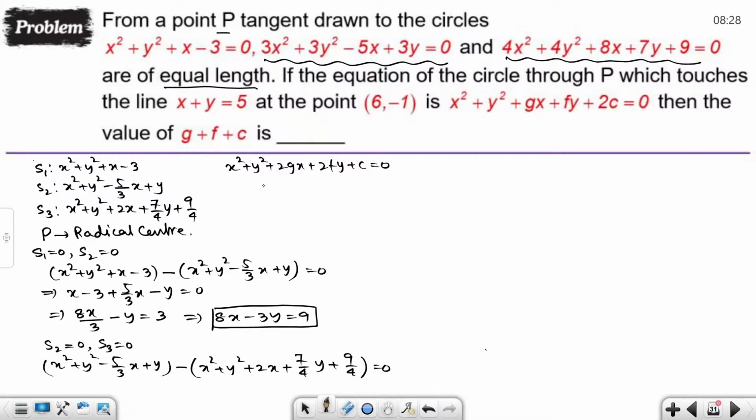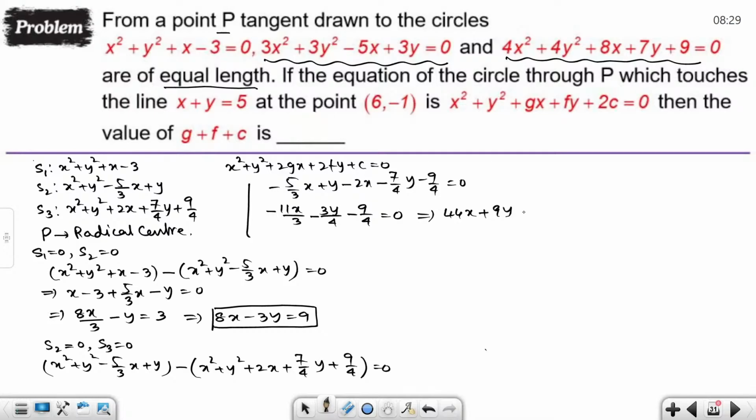So if I open the brackets, I'm writing it here. So what we are going to have? So what we are getting? So we are having actually, okay.